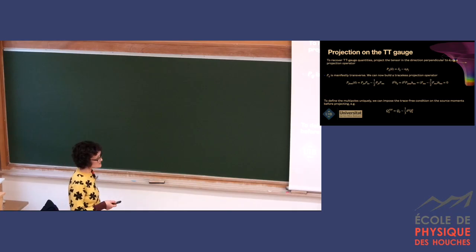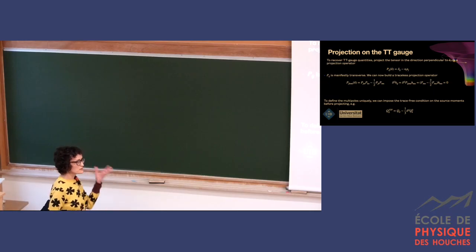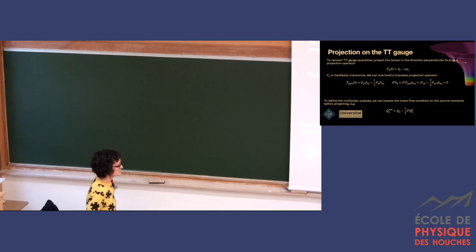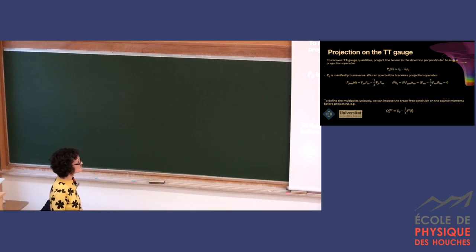We can do this by introducing projector operators like this, and so the final expression would involve these projector operators acting on the results that we showed in the previous slide. Likewise, we can play the same game at the level of the multipoles themselves, because we want something traceless and transverse, and we can introduce these versions that are called STF multipole moments.